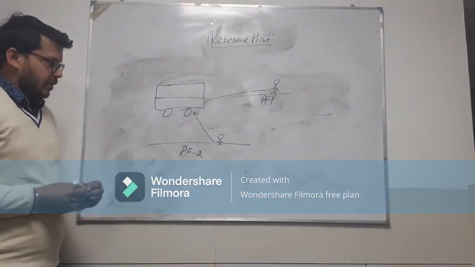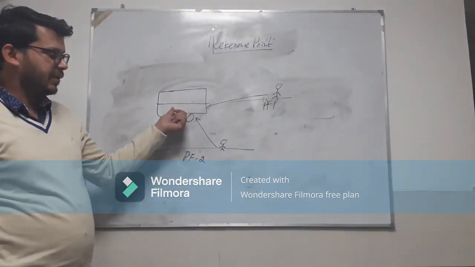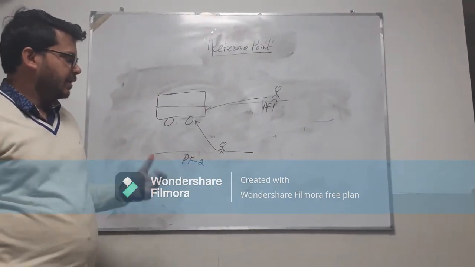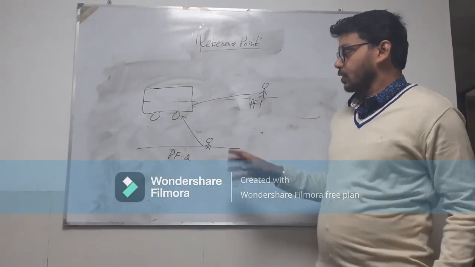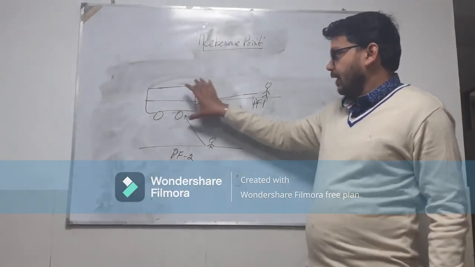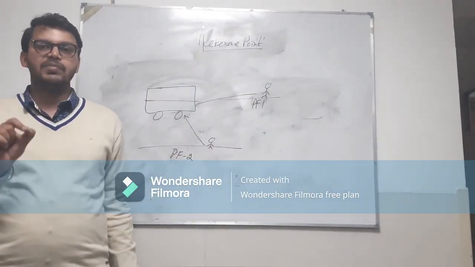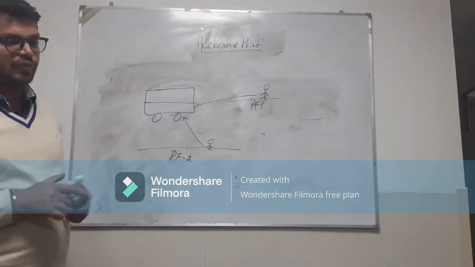Meaning, if I consider P1 as the reference point, the position of the train will be different; if I consider P2, the position of the train will be different. If we consider more than one reference point, the position of the object will vary. So to define the position of an object, we always consider one fixed reference point. We cannot consider multiple reference points. We have to consider one reference point to explain the position of an object.